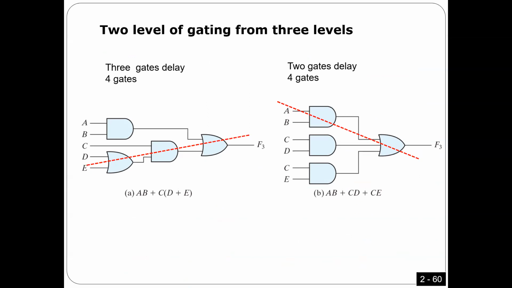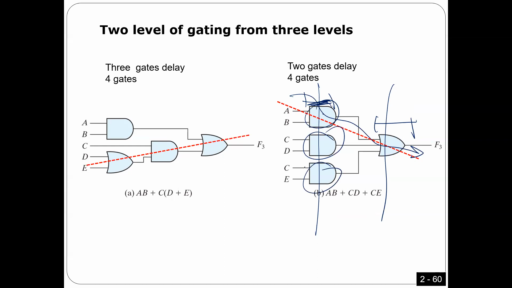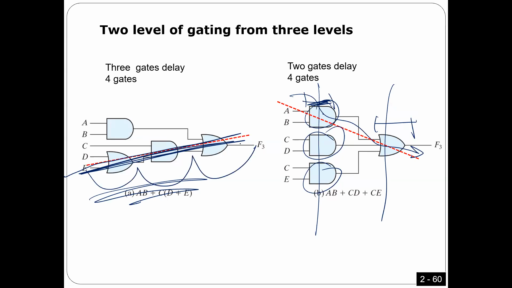For example, if you have 2 levels like this one, the delay will be the delay here plus the delay here, because all these gates are working at the same time. But in this case, we always look for the longest path. So if you want to calculate the delay, 1, 2, 3. In order to get the final result, I have to wait until this gate is done, this gate is done, and this gate is done.